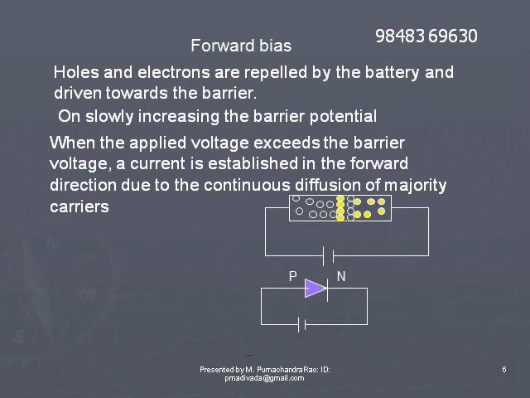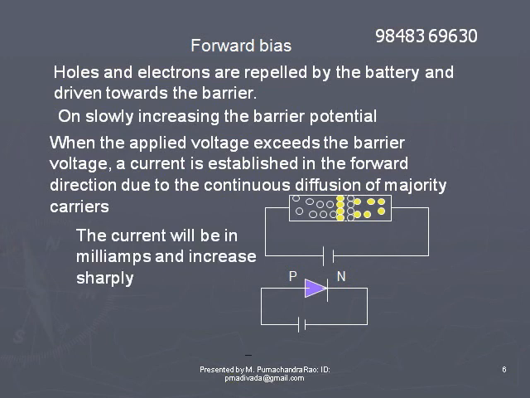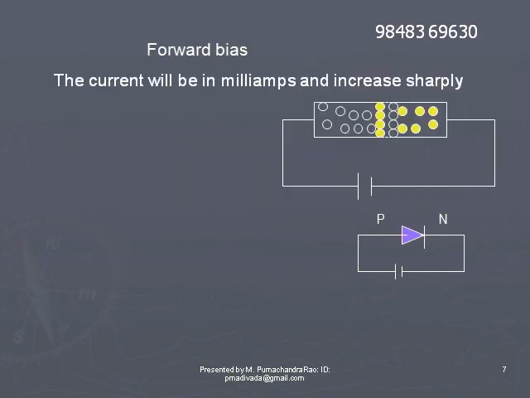This current is established in the forward direction due to the continuous diffusion of the majority charge carriers. That is, continuous diffusion of holes takes place from P-type material to N-type material, and the diffusion of electrons takes place from N-type material to P-type material, and thereby a current will be constituted. The current will be in milliamperes. The current increases very sharply.